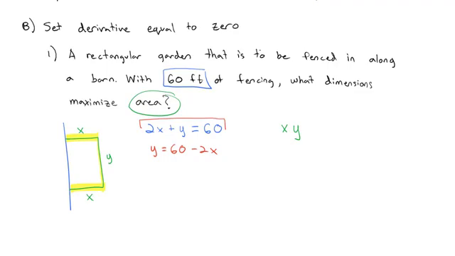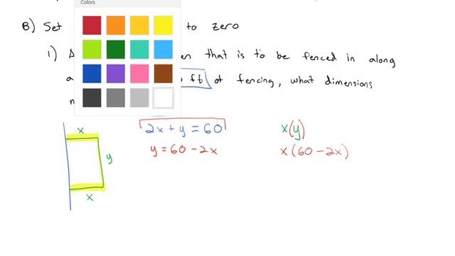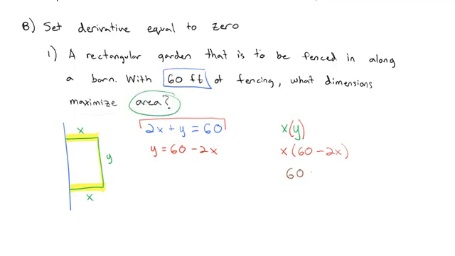So y is equal to 60 minus 2x. And I can replace that y with the 60 minus 2x. And if I distribute, we end up with 60x minus 2x squared. That is the equation for the area.